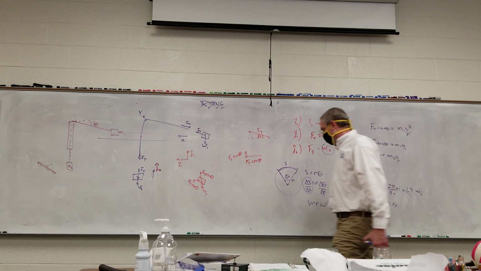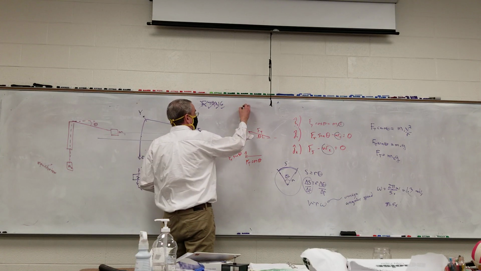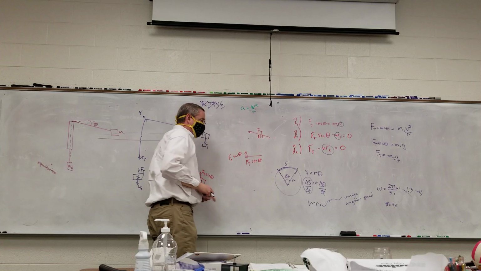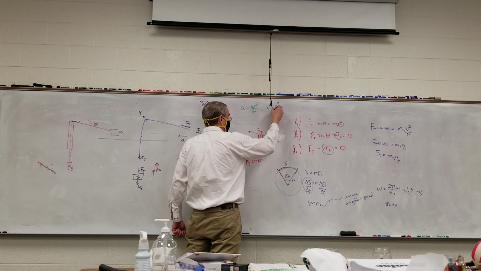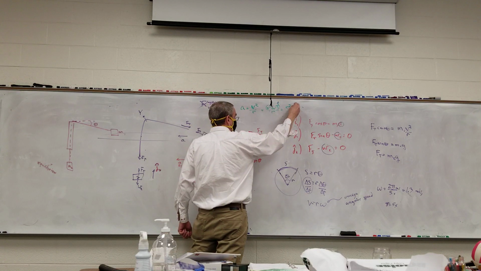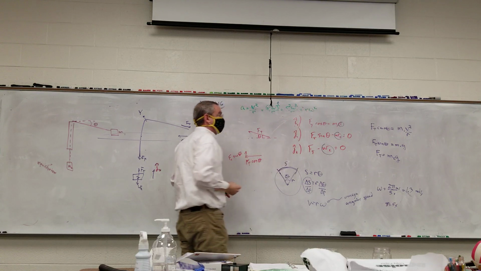So if I look at our formula there for acceleration, if I know that A is equal to V squared over R, and V is equal to R omega, so this just becomes R omega squared over R. So that becomes R squared omega squared over R, which is R omega squared.